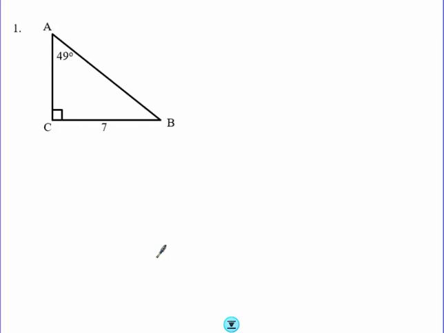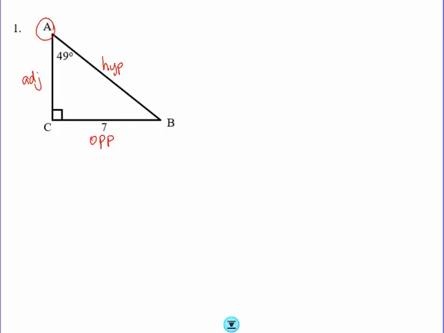Since we are given angle A, we know that that is 49 degrees. I'm going to label my triangle as if I am standing at angle A. So this side is my hypotenuse, this side is the opposite, and this side is the adjacent side.